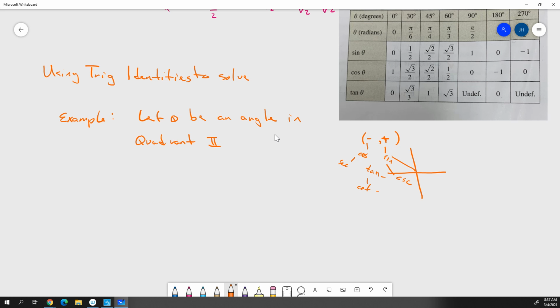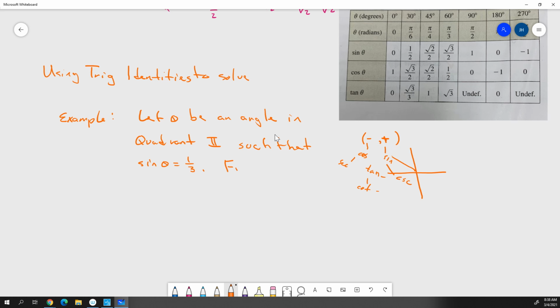So let theta be an angle in quadrant 2 such that sine of theta equals 1/3.